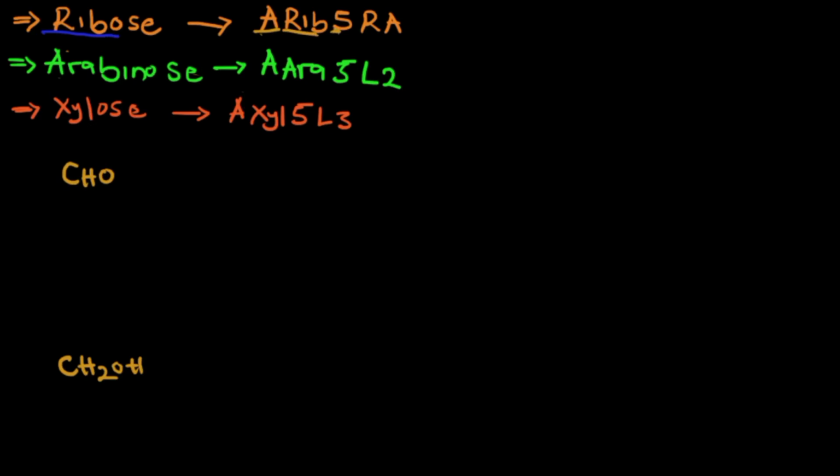The number of carbon is 5, so I have one already, 2, 3, 4, and the fifth one attached. Then the position, this is R, meaning right, and A is all. That means all the OH groups are to the right, and I know automatically the other side is a hydrogen.